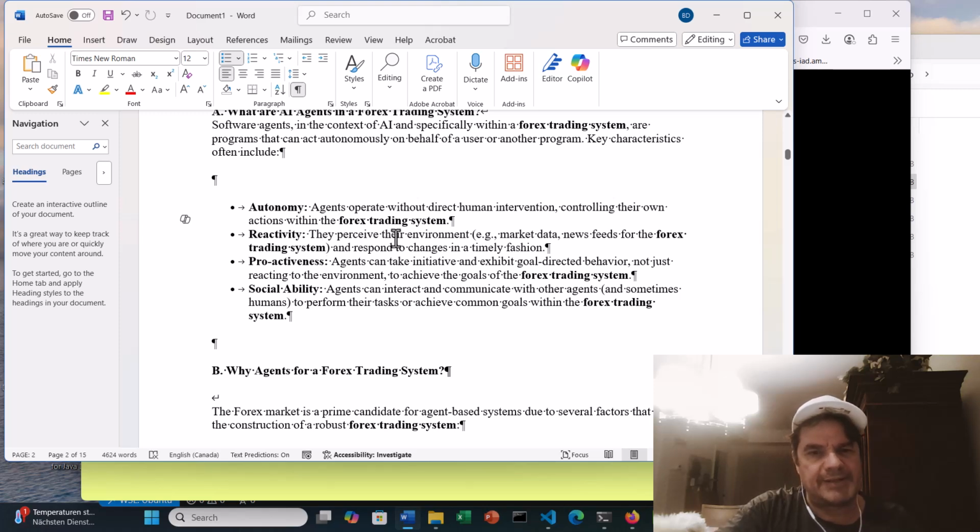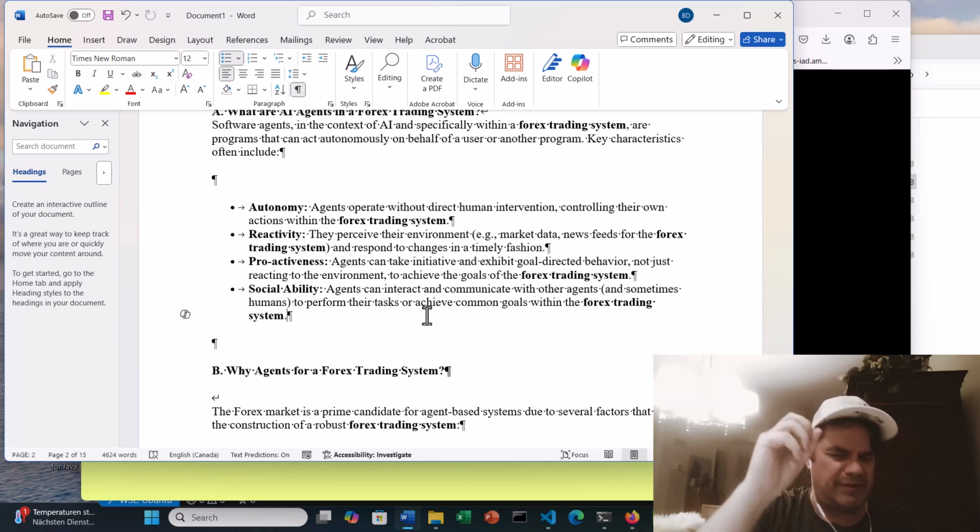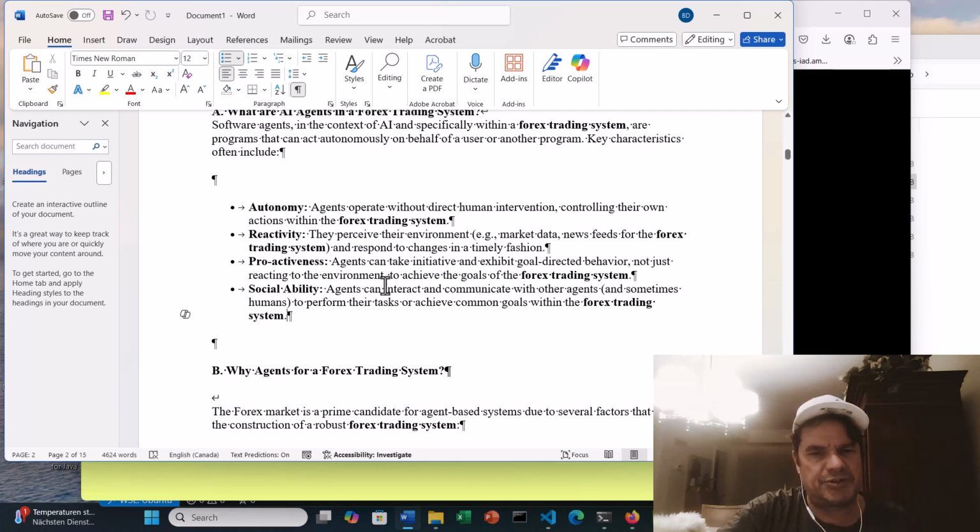Then there's reactivity to market data and news feeds: the forex trading system responds to changes in a timely fashion. My next question is: would an agent with AI be fast enough for high frequency trading? That's a good question. I don't know. We also have agents being proactive.